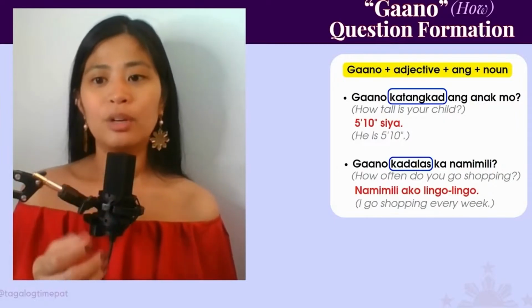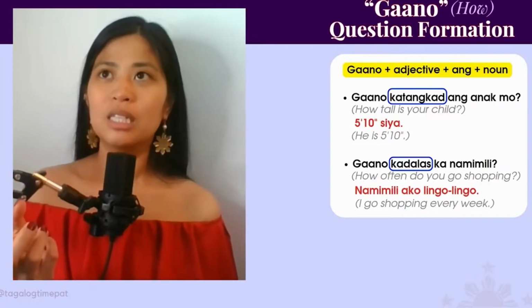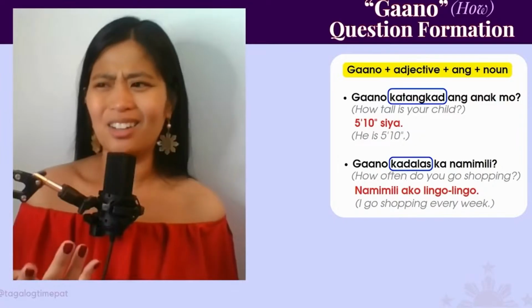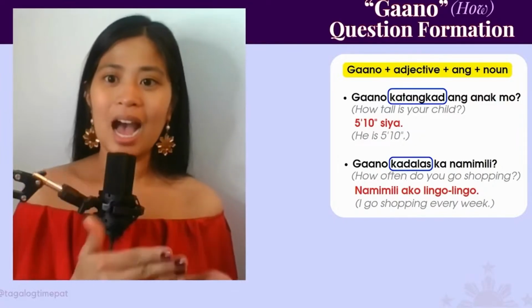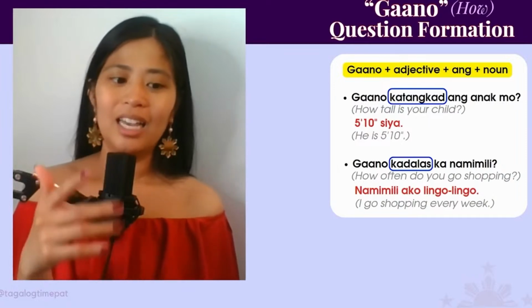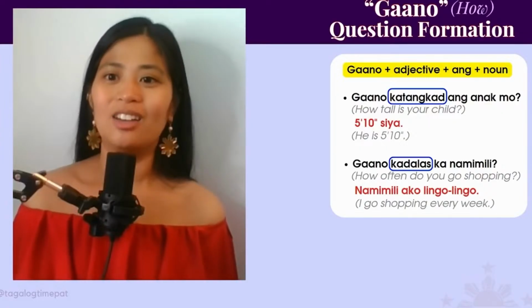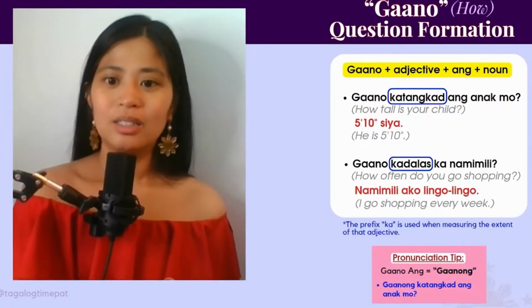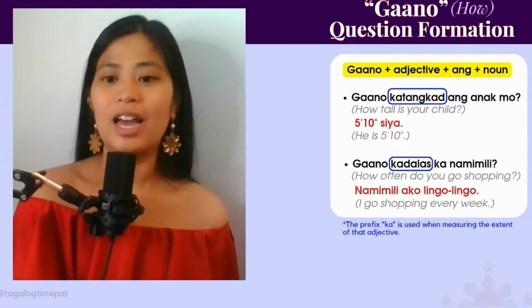And the ka prefix is a way to show the quality of something. It's asking about the characteristic of that adjective. It's a little interesting. So when we're asking gaano katangkad, it's like asking about that person's adjective or that height. So yes, again, the prefix ka is used when measuring the extent of that adjective.